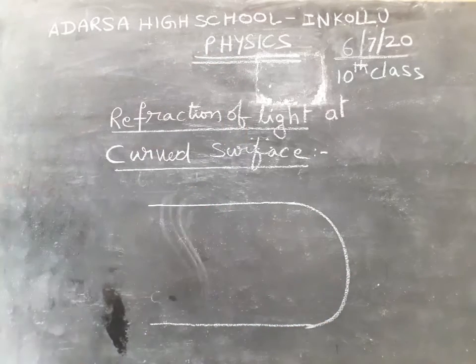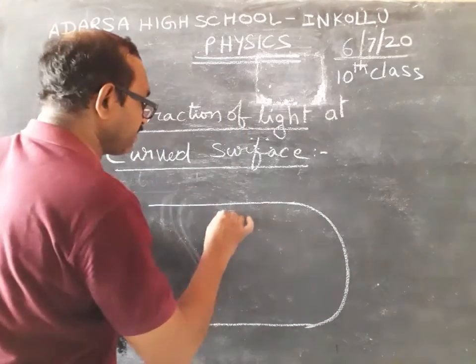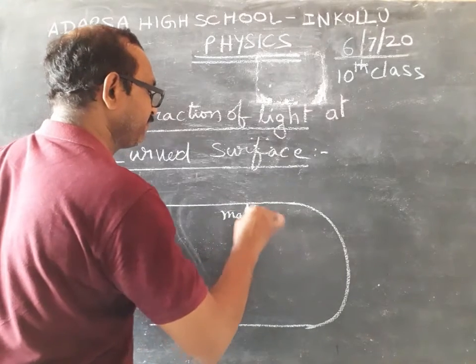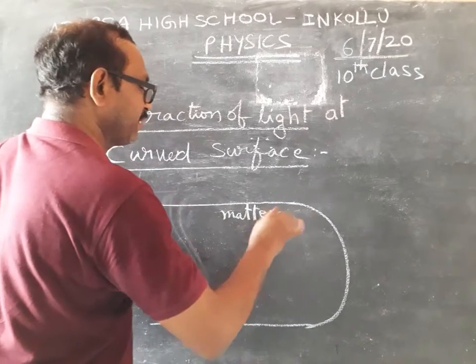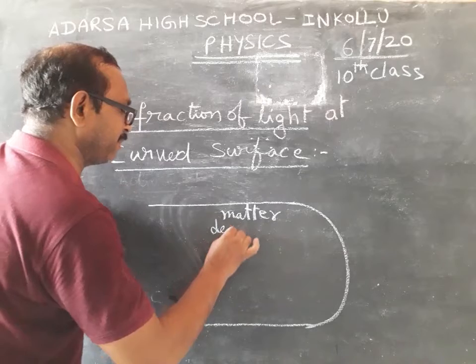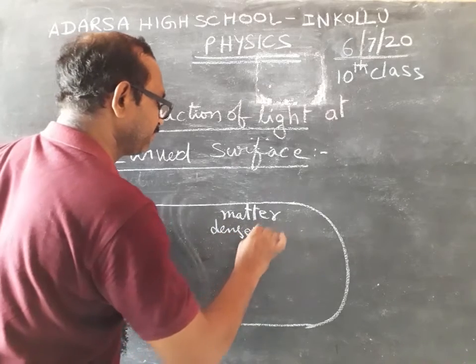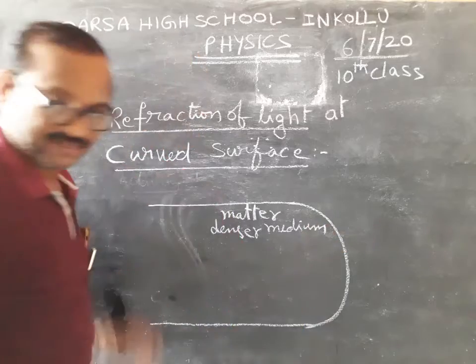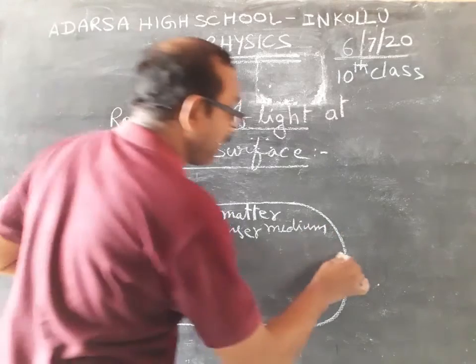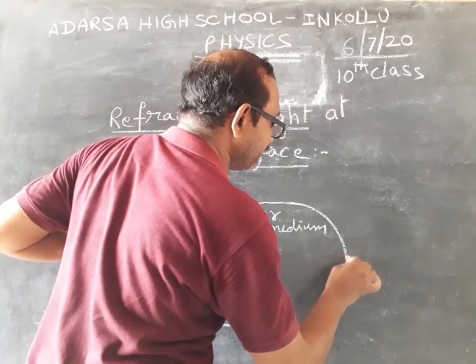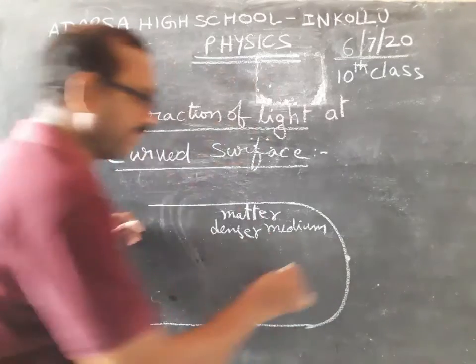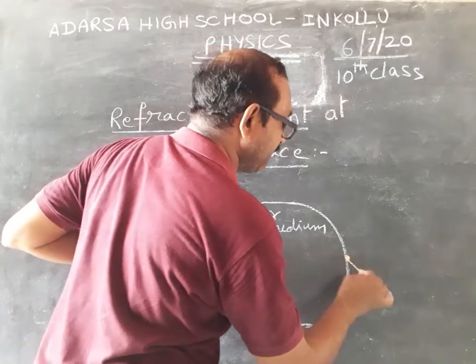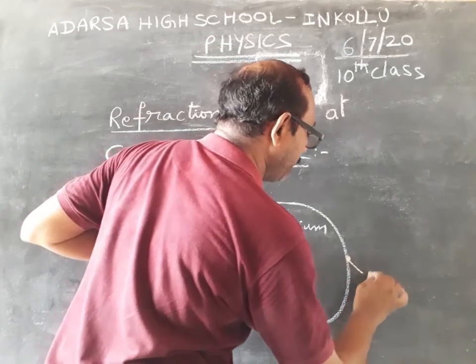It consists of matter, meaning a denser medium. The center of the surface is known as P. P means pole.